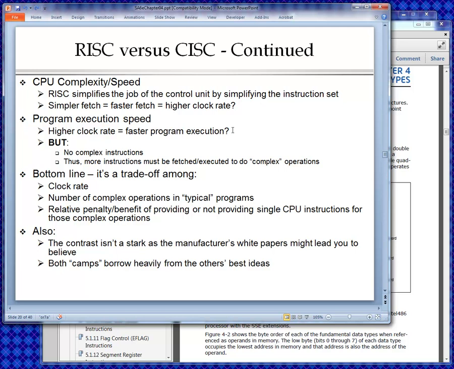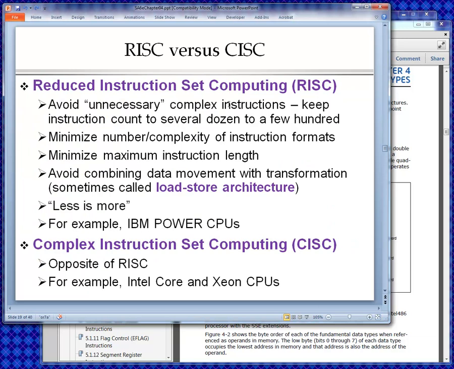Okay, if I take RISC to its logical conclusion, if I really eliminate all unnecessary instructions, if I really minimize the number and complexity of formats, minimize instruction length, only go to load store, guess where I wind up? I wind up back with that dozen to dozen and a half instructions that we started this discussion with.